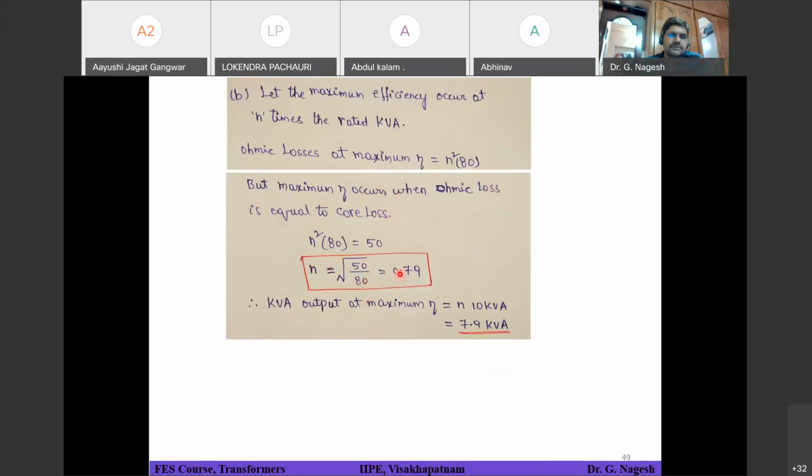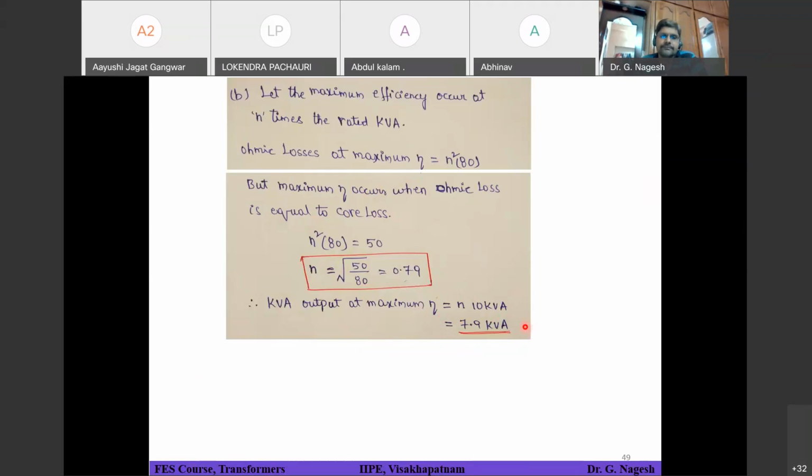So 50 divided by 80, that is something like 0.79. So N will be 0.79. So the kVA output at maximum efficiency will be N into the rated kVA of the transformer, which is 10 kVA. So the kVA output at maximum efficiency is 7.9 kVA.